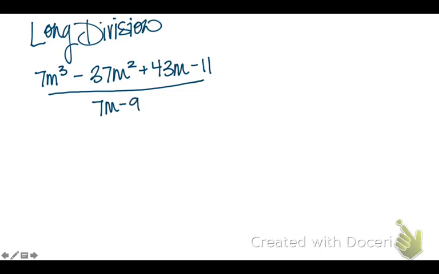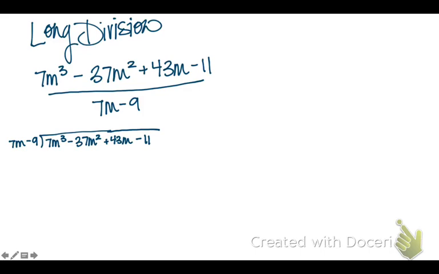Okay, I wrote that really big. I'm going to have to start writing smaller. But, so we can set this up as just a division problem. So we're going to do 7m minus 9 divided by 7m cubed minus 37m squared plus 43m minus 11.